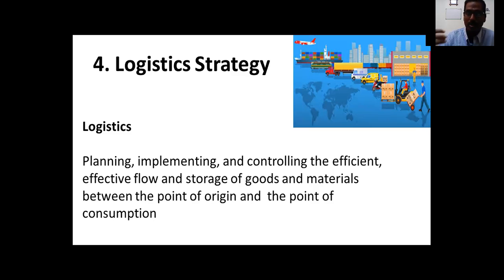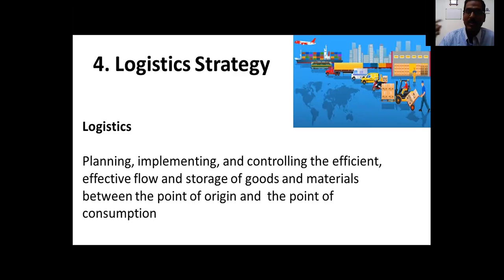When it comes to logistics, there are two options. Either they can do it with their own transport resources, or they can outsource it. The third option is to combine: partially they do it themselves and partially outsource. When we plan this strategy, two things need to be taken into consideration. One is whether outsourcing or doing it within the business is cost effective.